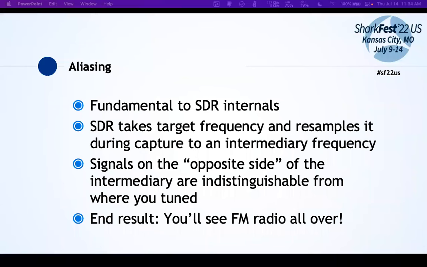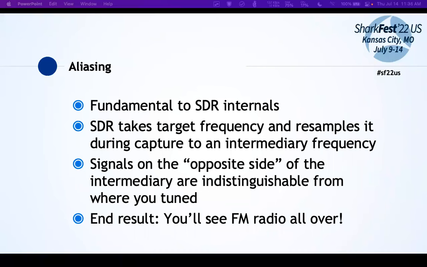The reason we have the filters is there's a problem called aliasing, which is fundamental to the SDR. Since we're taking a frequency and trying to read a bunch of data off it and turn it into a digital signal, it comes with some interesting hardware challenges, where the radio is converting the signal down to a frequency it can turn into digital internally.